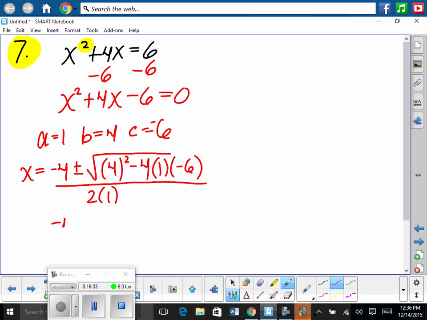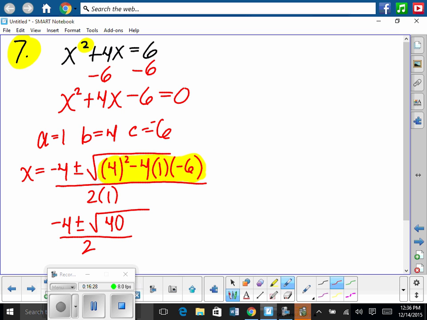So we have -4 plus or minus the square root. If you type this into your calculator, you can type in this whole piece as long as you use parentheses around everything. Type it in almost exactly like this in your calculator and you should get it right. If you do that correctly, you get 40, all over 2.